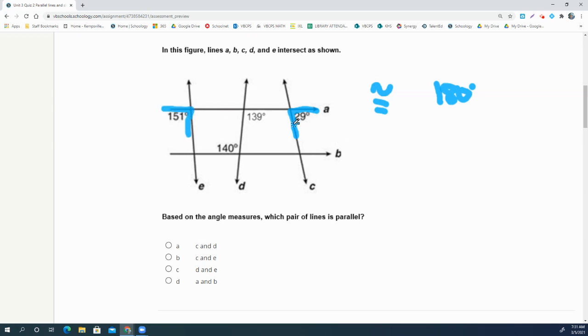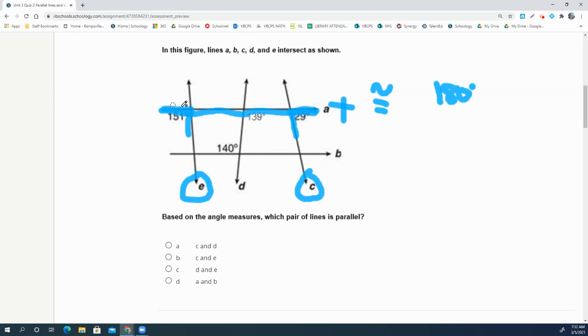So they're same side, just like the last two questions. Same side exterior going to add up to 180. They're connected by A, so A is the transversal. So what are the parallel lines? What are the cross streets? C for sure, and? Oh, E and C. So E is the cross street.